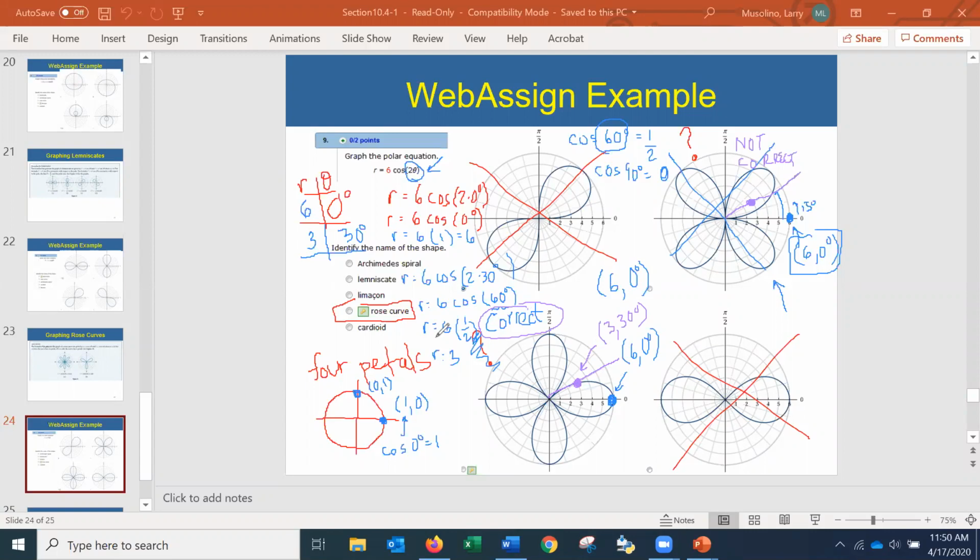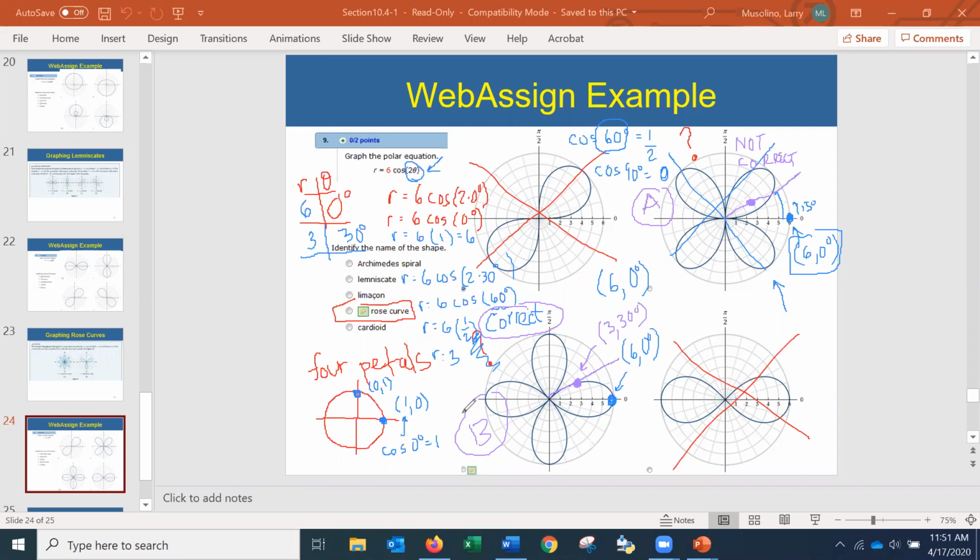All right, folks, so this example is a little more complicated than some of the others. We did narrow the choices down to either this graph A or this graph B. But how do we figure out whether to select graph A or B?